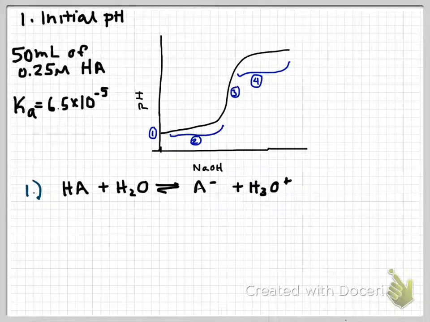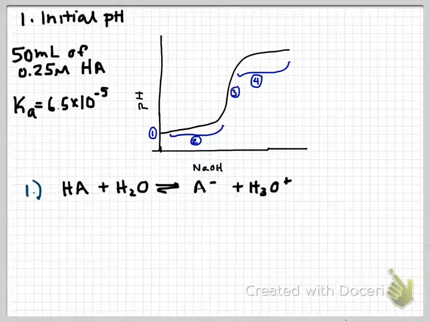So first we're going to look at the initial pH. For the initial pH, we are going to calculate the pH of a 50 mL solution of 0.25 molar weak acid.